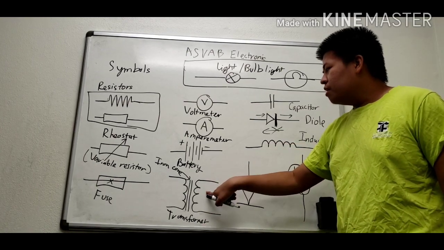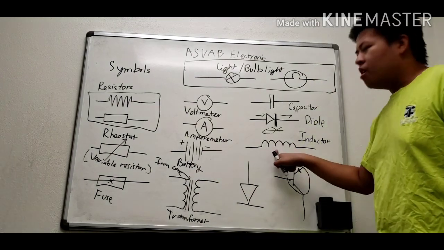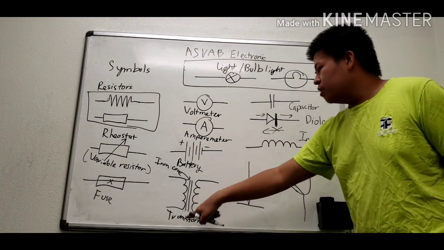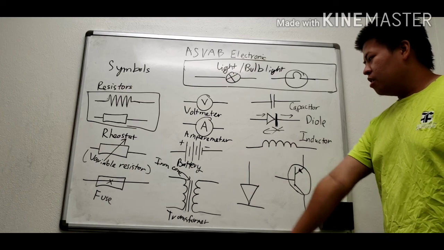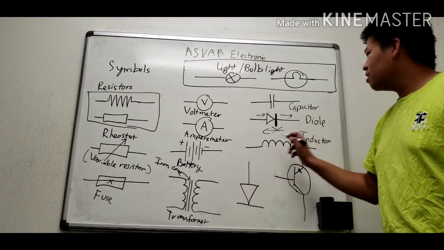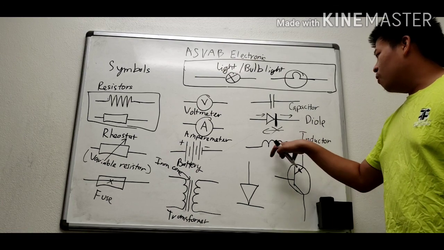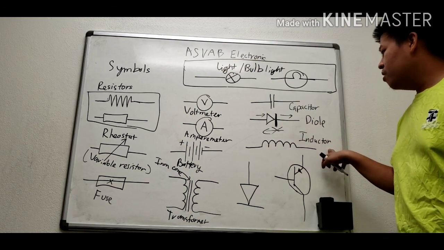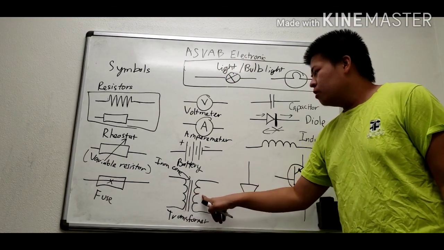A transformer has two springs together, here only one. Be careful between the transformer and the inductor. That's the mistake: on the test they put the transformer, but the student chooses the inductor. That's incorrect. One spring should be an inductor, and two springs should be a transformer.